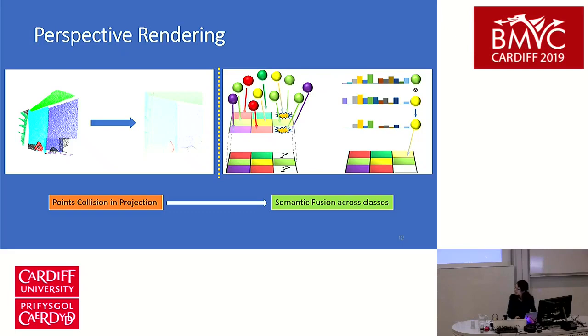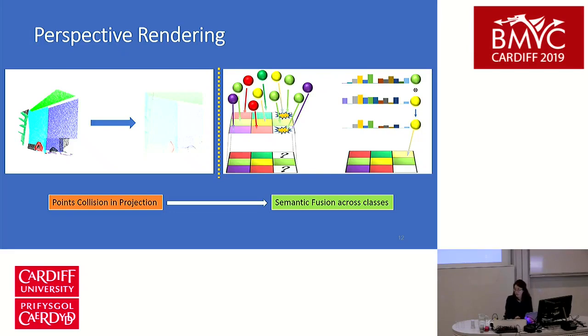Let's look at what perspective rendering is. As I explained, in some cases multiple points are projected into the same pixel location. How do we solve this problem?